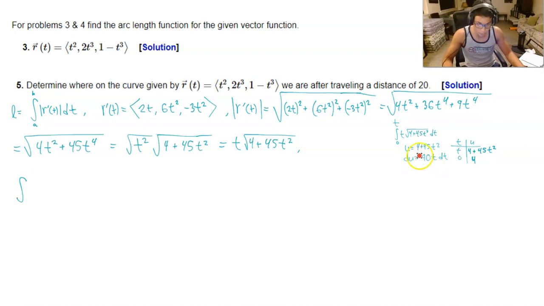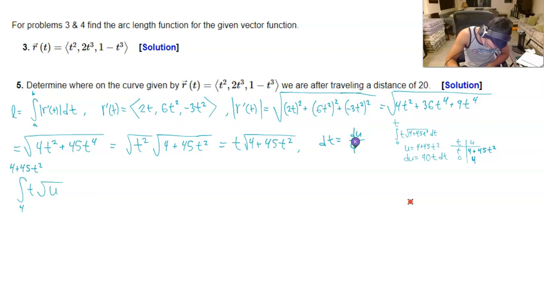So now your new integral is going to be from 4 to 4 plus 45t squared, and your new integrand is going to be the square root of u. Let me write what dt is here. dt is going to equal du divided by 90t.